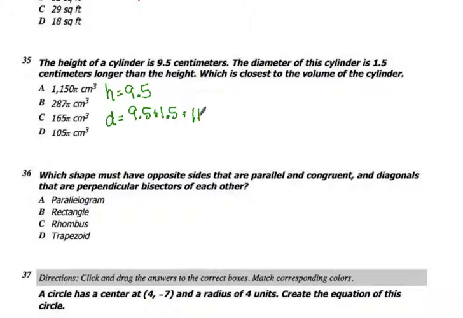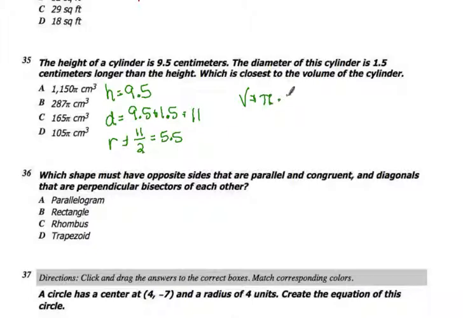Okay, so now let's look up our volume. And I don't have that memorized, so I'm looking it up. Alright, the formula for volume of a cylinder is pi r squared h. So it's going to be volume equals pi. My radius, oh, that's my diameter, so my radius is half of 11, which is 5.5.